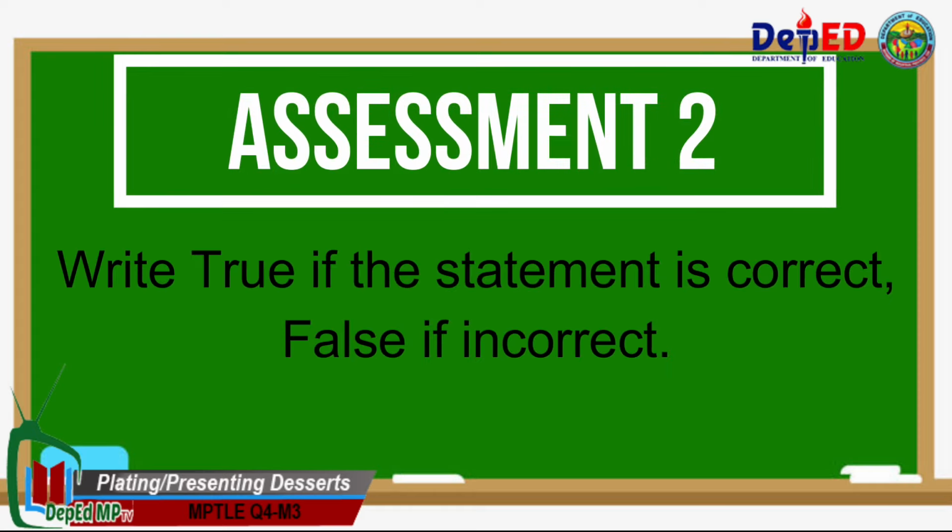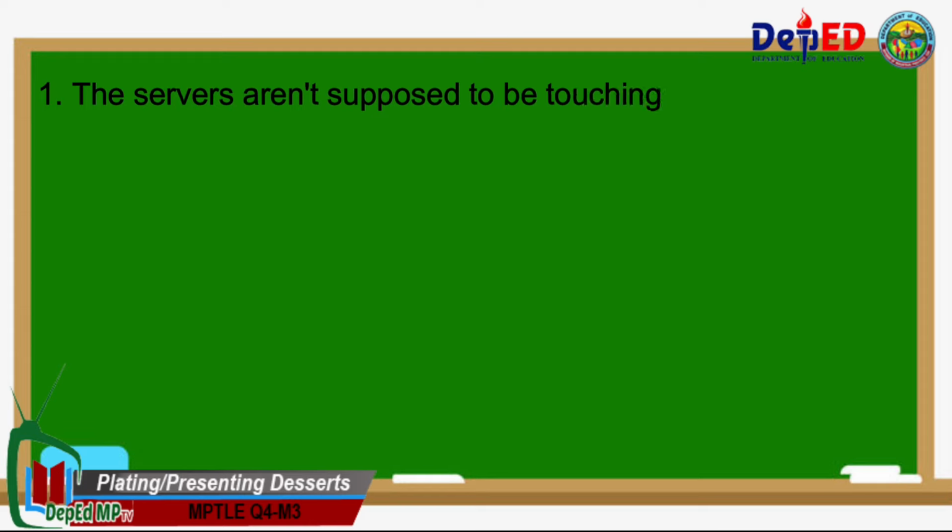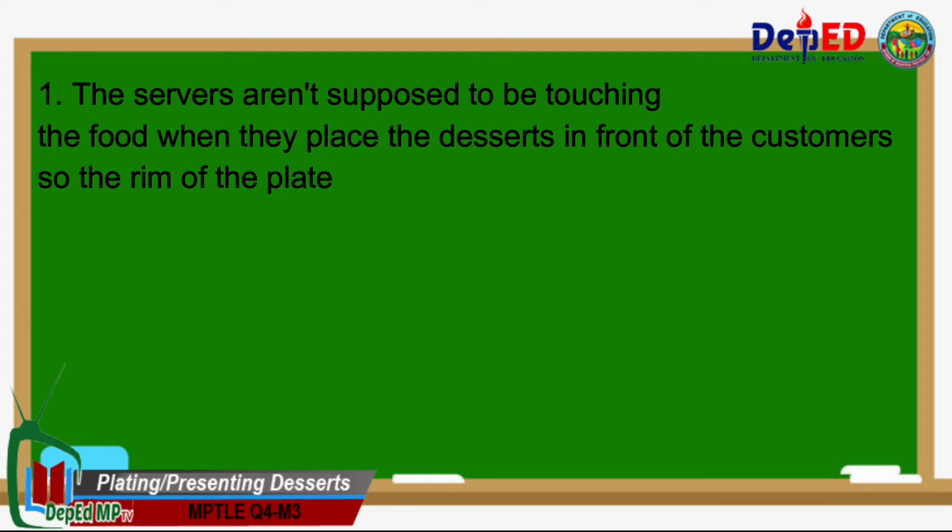Write true if the statement is correct, false if incorrect. Number 1. The servers aren't supposed to be touching the food when they place the desserts in front of the customers, so the rim of the plate should be kept clear.